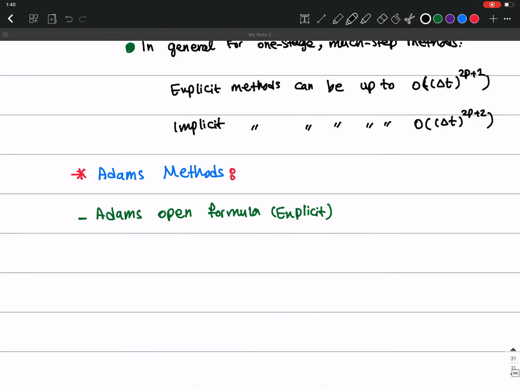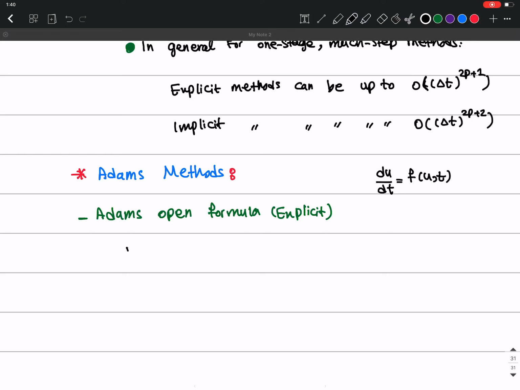Okay, so I just want to note something here. I'm going to show du over dt. This is the equation I have, equal to f of u and t. Just a reminder of how I am going to approximate it.